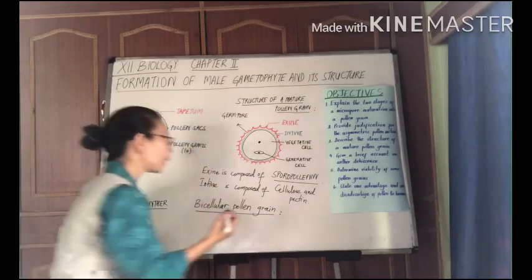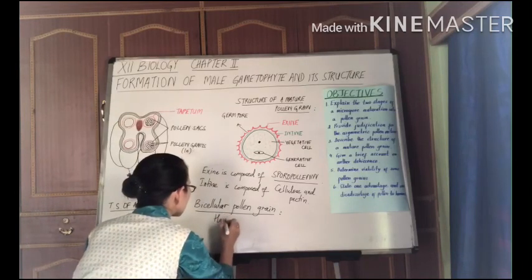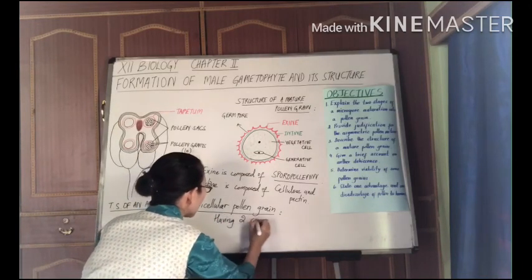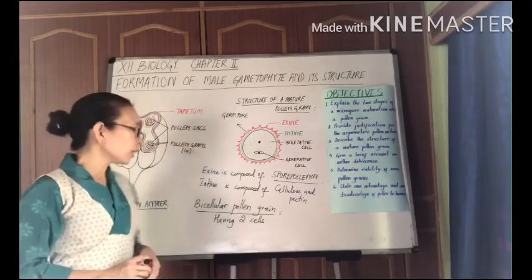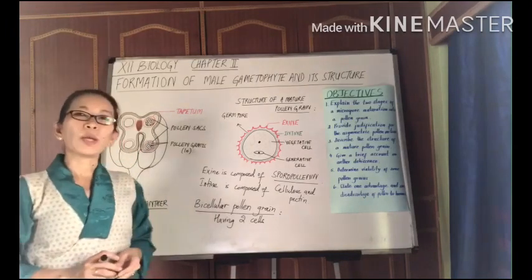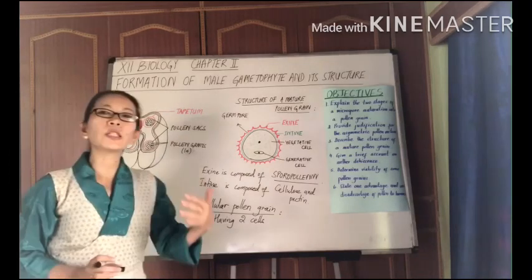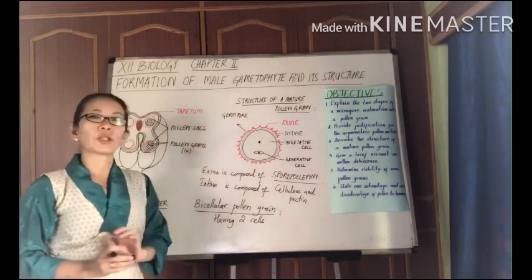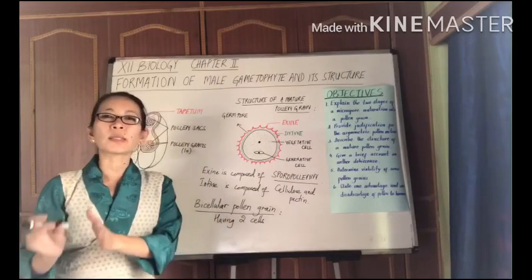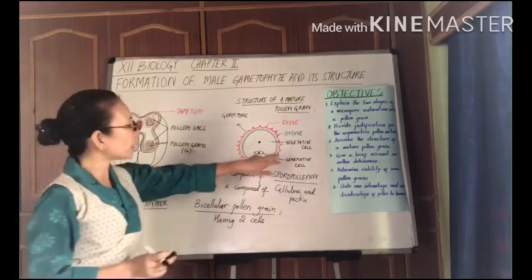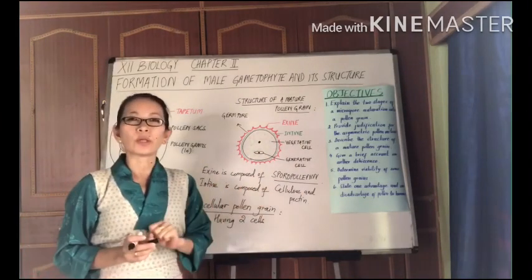It has 2 cells. And we know that the cells are different in their sizes. Most pollen grains are released from the anther during the bicellular stage of the pollen grain, where we expect 2 cells inside, vegetative and generative cell.